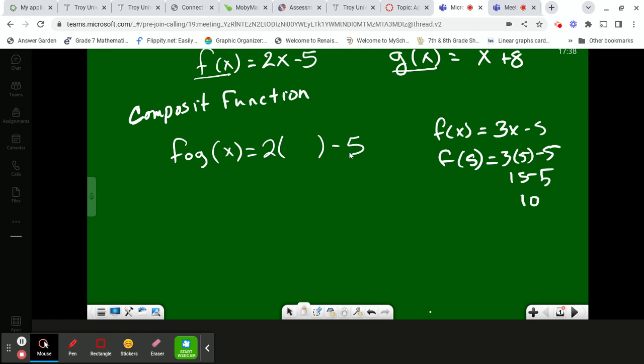So I'm going to put x plus 8 in there. Okay, I just put g of x in for that x. So distribute your 2. So you've got 2x plus 16.